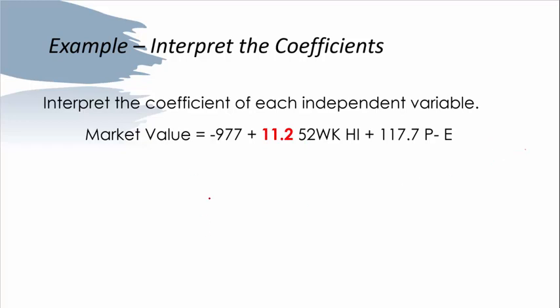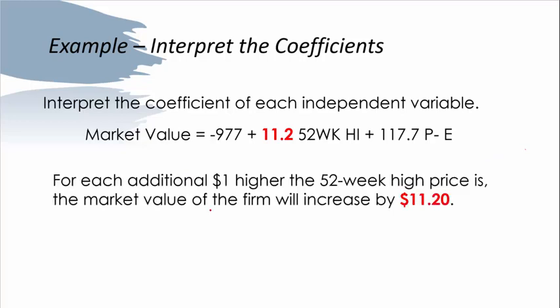So let's put that in real world language here. For each additional dollar higher the 52-week high price is, in other words, when x changes by 1, the y value, the market value of the firm, will increase by $11.20. Now I know this is an increase because I have a positive sign here.